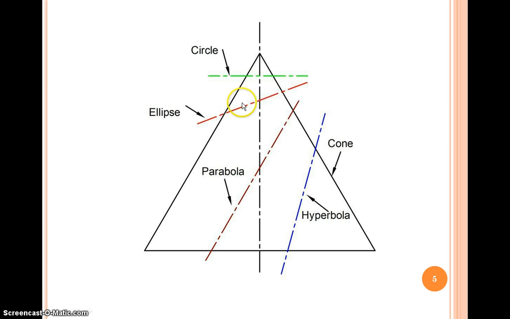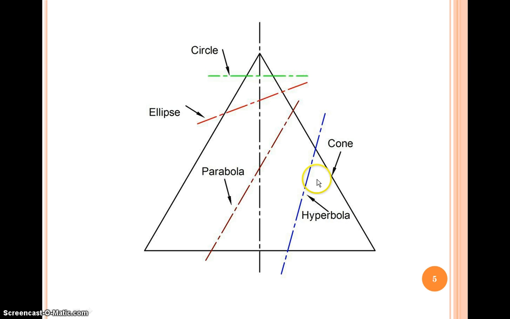When the cone is cut by a cutting plane line which is inclined to the axis and cuts all the generators, then you will get the ellipse. When the cone is cut by a cutting plane line in such a way that it is inclined to the axis and parallel to one of the generators, then here you will get the parabola.